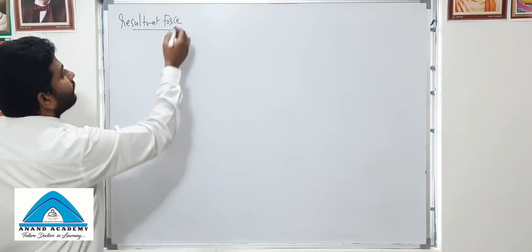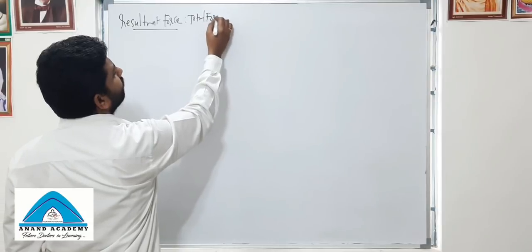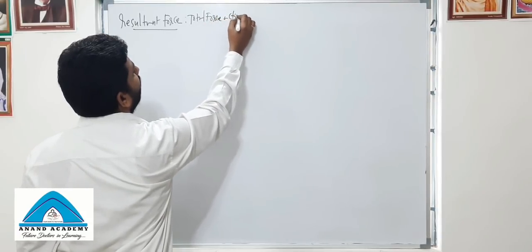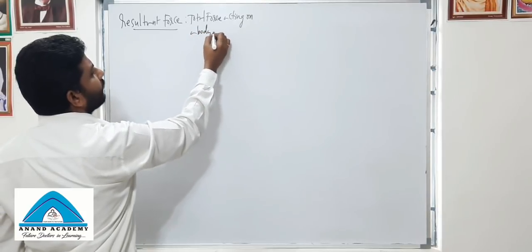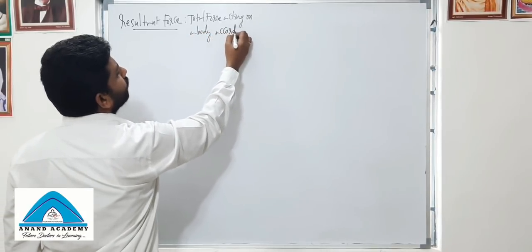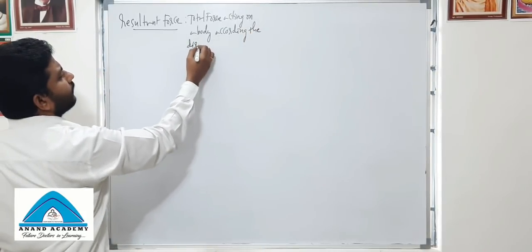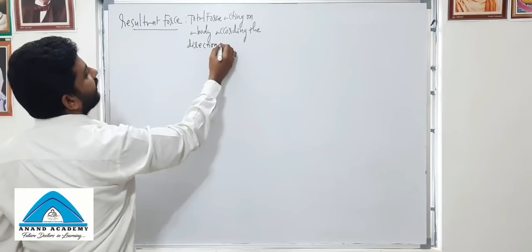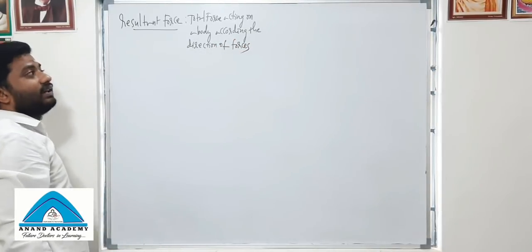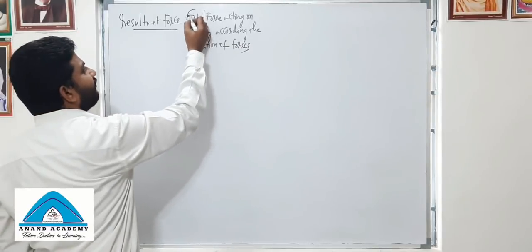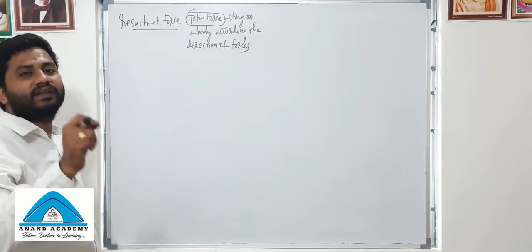Resultant force is the total force acting on a body according to the direction of forces. So that's called resultant force. The total force can also be written as a net force. What is meant by the net force?